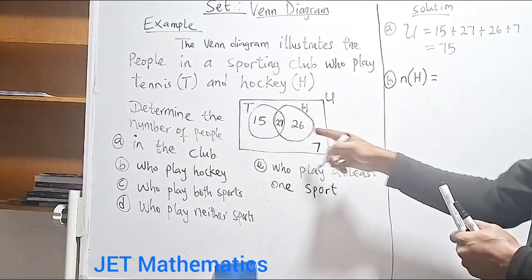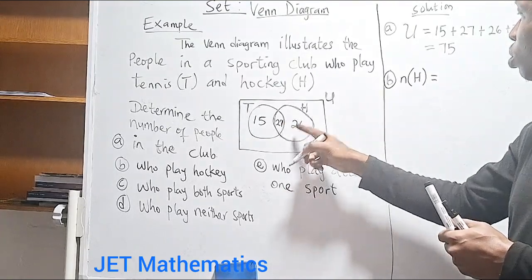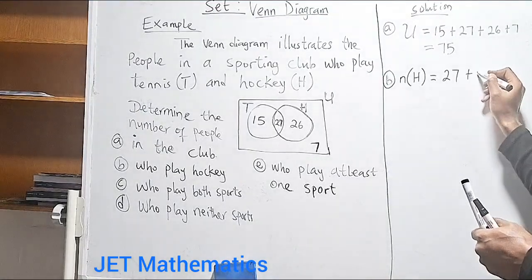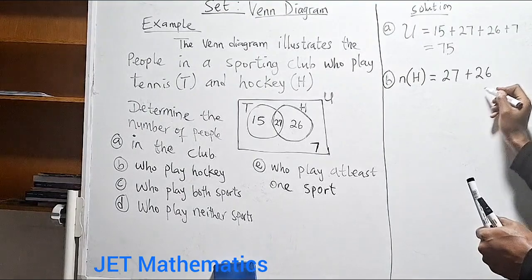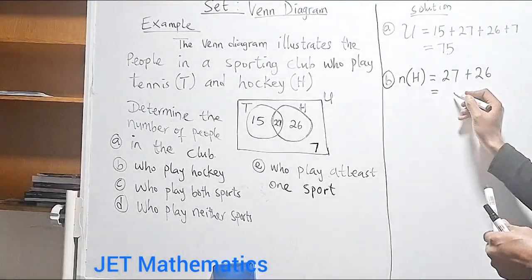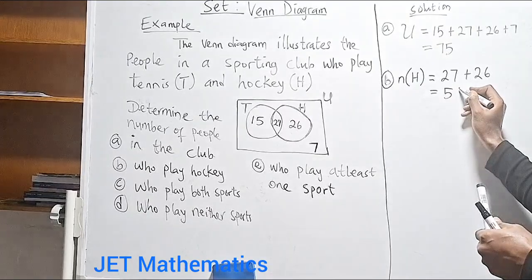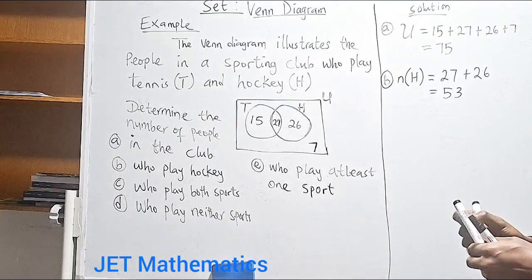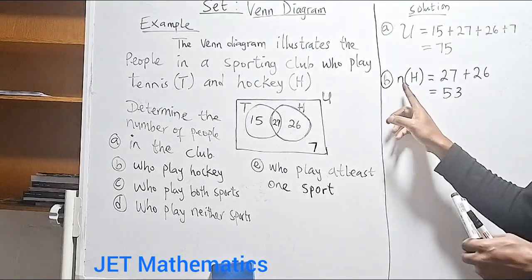And that will be 27 plus 26, and that will give us 53. Okay? So 53 persons play hockey.